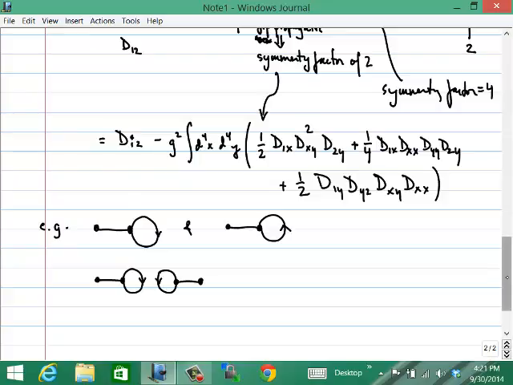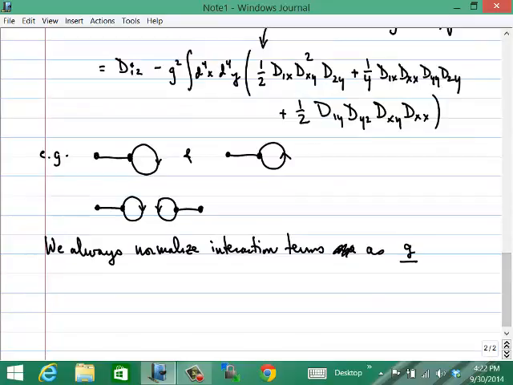The reason why these symmetry factors are present is that we always normalize our interaction terms so that they look like, for example, g over 3 factorial times phi cubed, or lambda over 4 factorial times phi to the 4th.